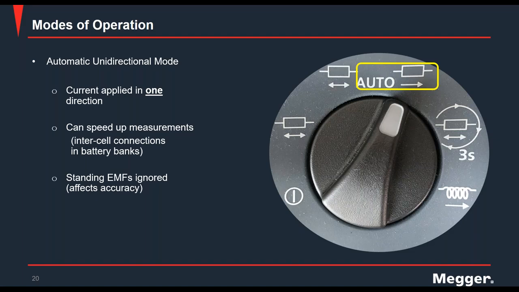However, it's important to understand that the unidirectional mode needs to be applied to the correct application. If you have situations where you have junction EMFs, as we saw before, due to different metal connections, those EMFs may be ignored. So there is always a different operation mode of the low resistance tester that you can use to ensure that those issues are addressed.